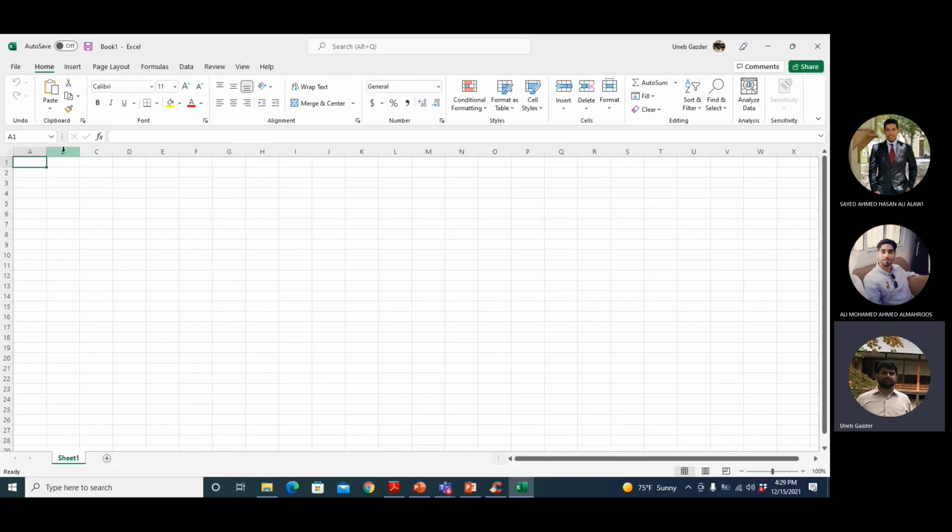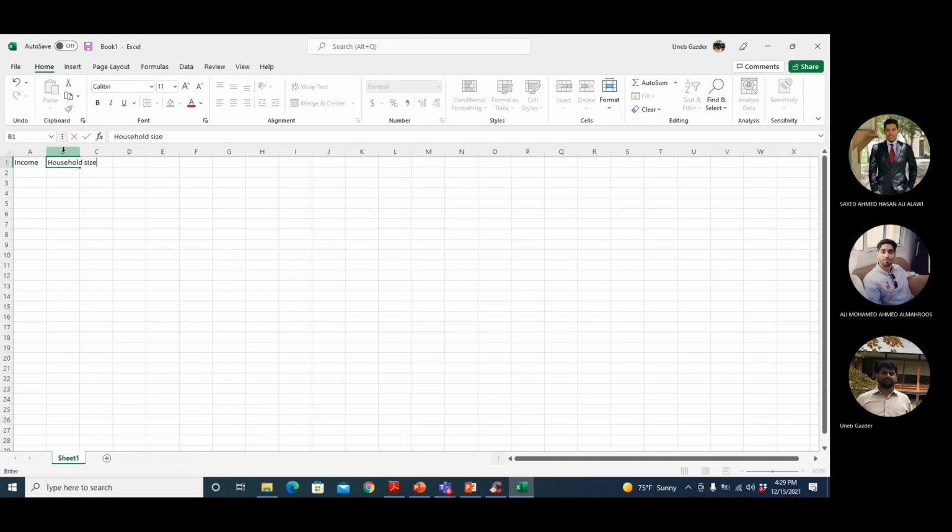So for example, you have characteristics related to income, and you have characteristics related to household size. Income includes, let's say, low income, less than 1,000 BD.